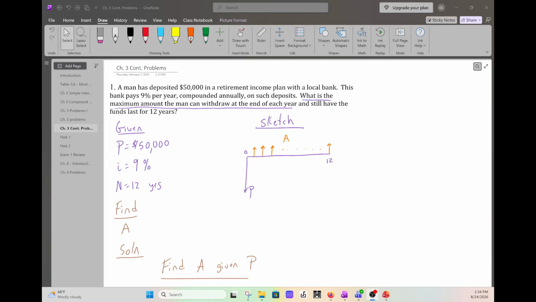You have an interest rate of 9%, and we're going to do 12 years. So we're looking for A, which are these up arrows, given P. Finding out how much we can withdraw every single year for 12 years till it's depleted. So that's what we're looking for, A.